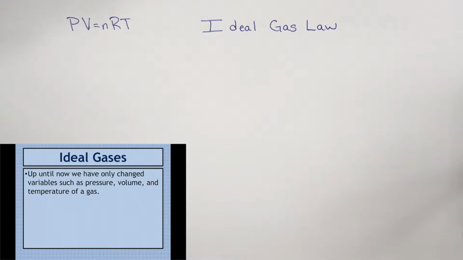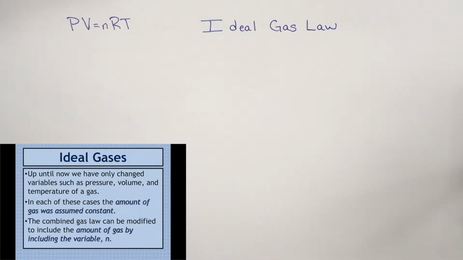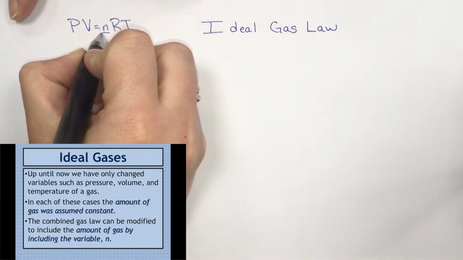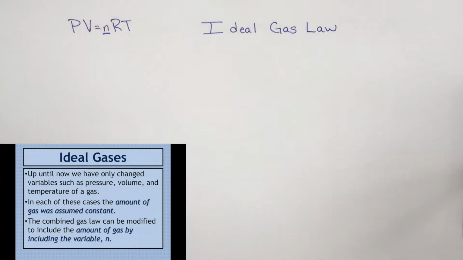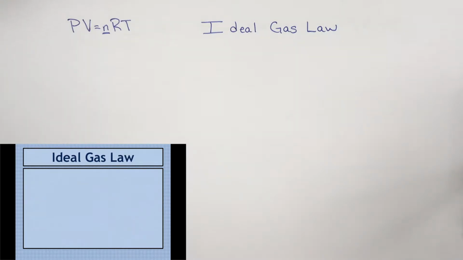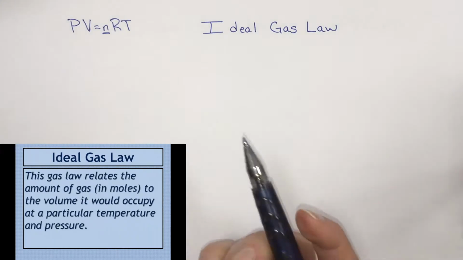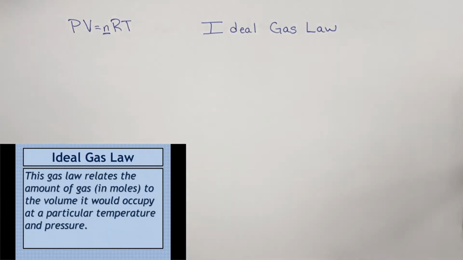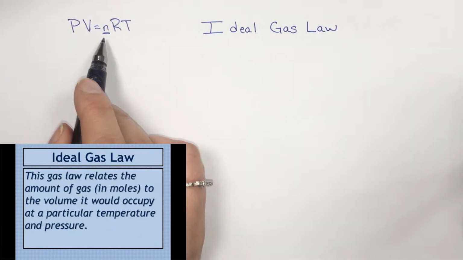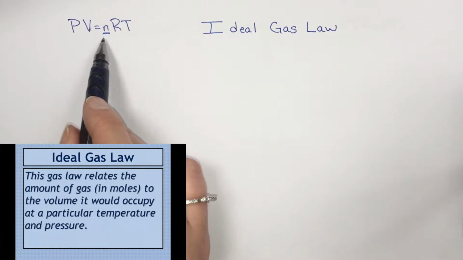So up until now, like I have said, we've only changed pressure, volume, and temperature. So now we're going to change the amount. The new variable is the N, and that's just the moles of gas. It's the amount of gas, and that way we can take into consideration how much gas we've used. So we do need to convert whatever amount we have, if it's not already, in moles.